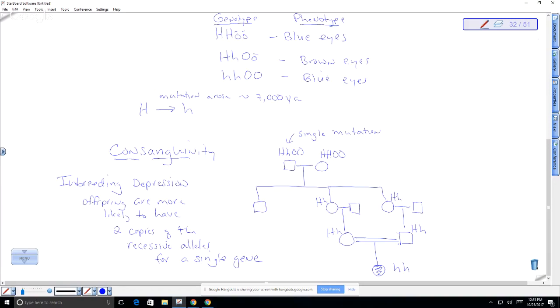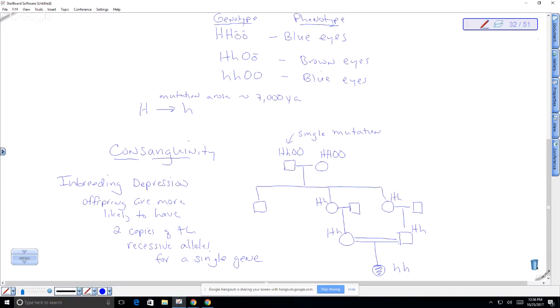Okay. So when we look at this in humans, you know, in the past, we had smaller populations, right? We didn't have this huge global population. You weren't able to choose anybody in the world. Like I could, you know, go to Australia and choose somebody that's so distantly related to me, right? But you're kind of stuck in where you lived and what your community was.